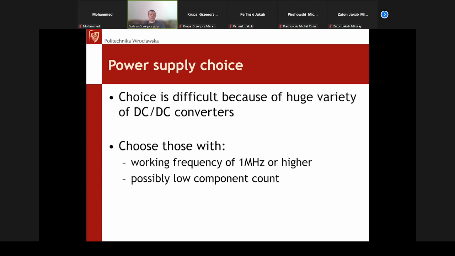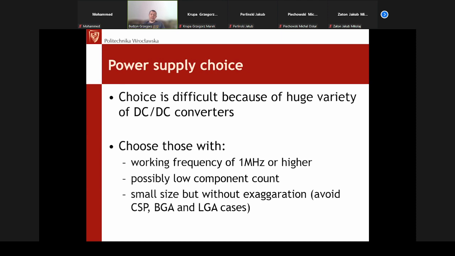Second thing, possibly low component count. Throughout the years, the market of switching DC-DC converters has been heavily developed and significantly growing, and you can still find on the market constructions dating from 20 years ago, requiring a switching regulator and 20-30 components around.